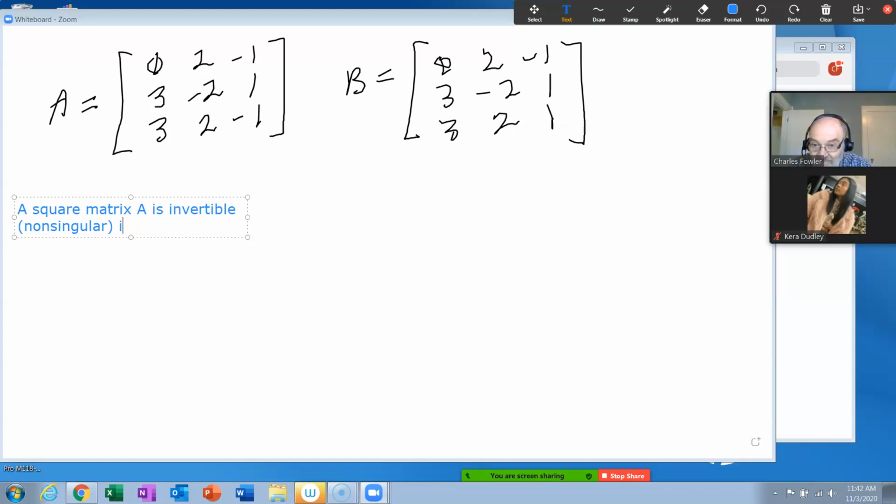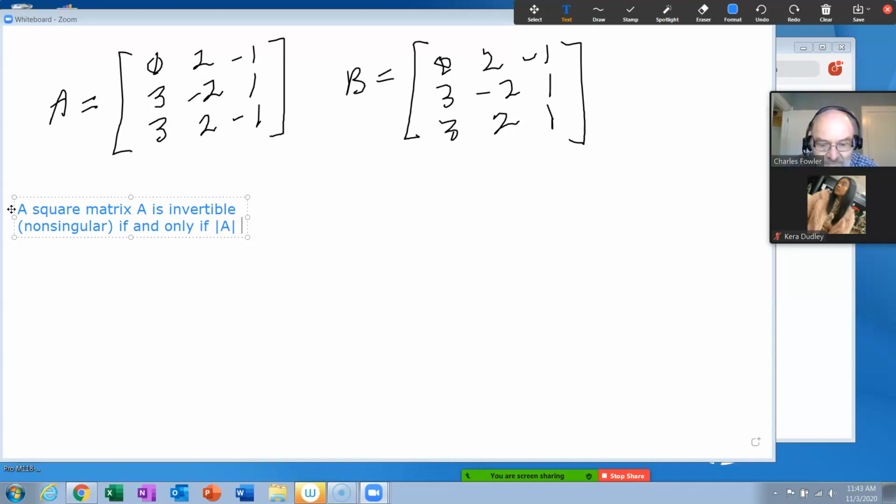If and only if its determinant, determinant of A, is not equal to 0.